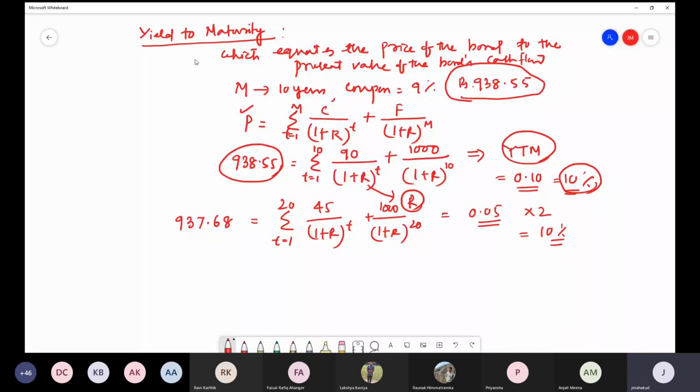But if you want to calculate the effective annual rate, as I already told you, it will be 1.05 to the power 2 minus 1. That will give you 10.25%. So this is the way the yield to maturity can be calculated. Yield to maturity is the effective rate of return.